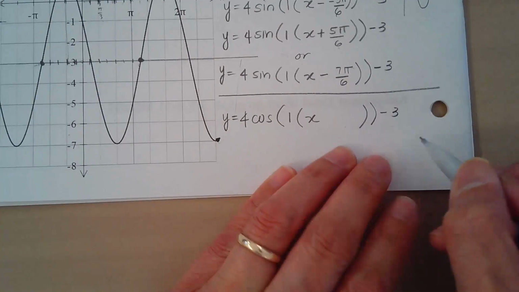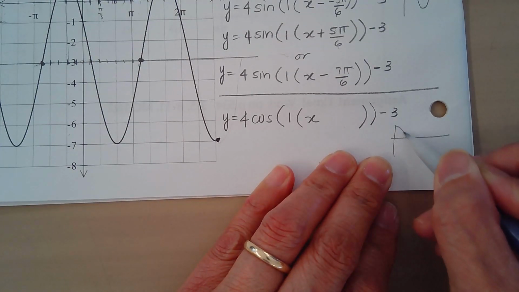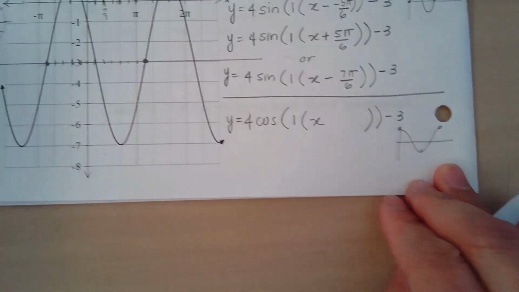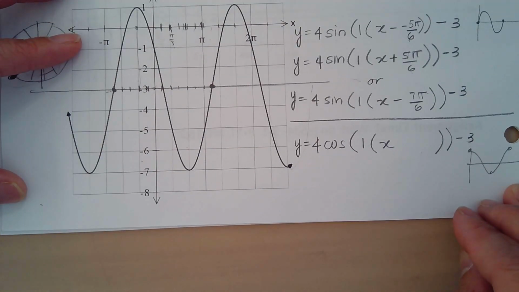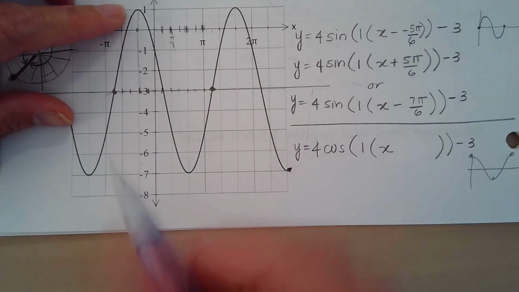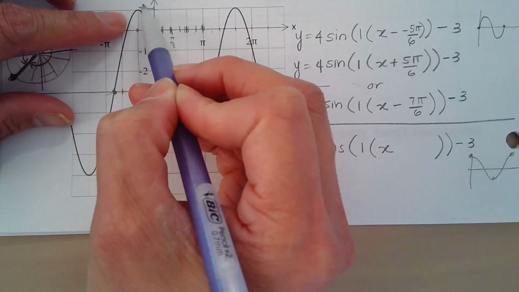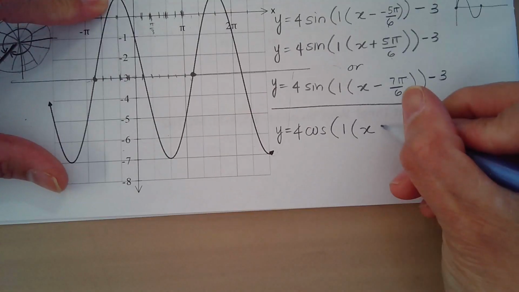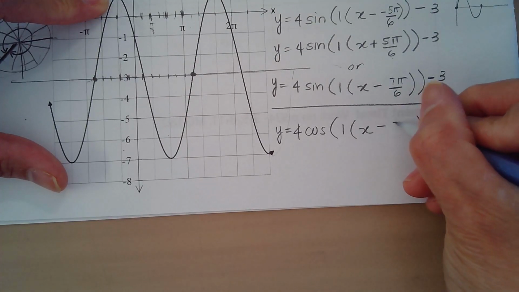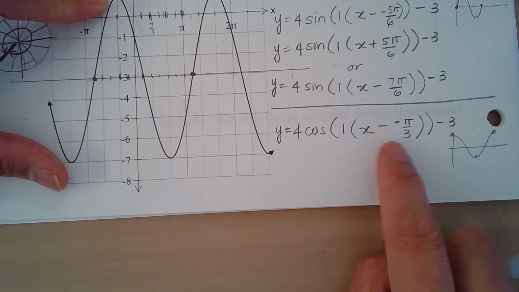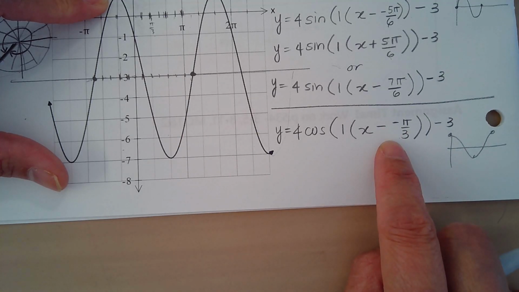Remember the graph has to start with the maximum. Where's the possibility? First possibility is shifting to the left pi by 3. So it's going to be minus left, so that's negative pi over 3. If we clean that up, that makes it a plus pi by 3.